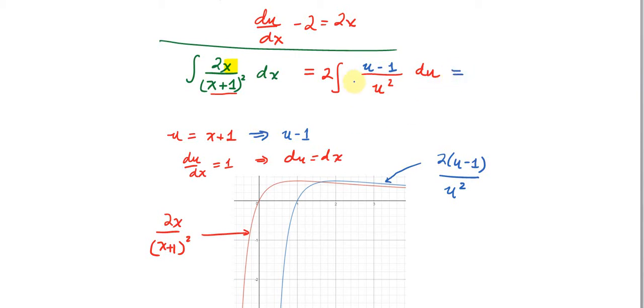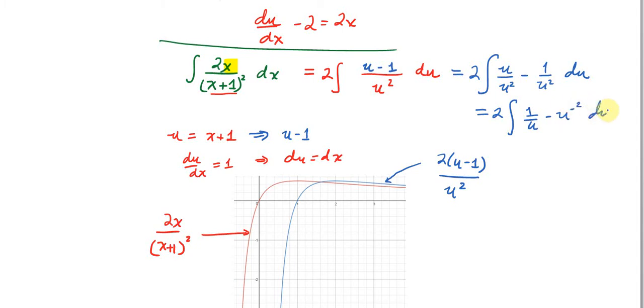So let's continue and finish this out now. We can actually split this up as follows. This is going to be u over u squared minus 1 over u squared du. And then we can extend that a little bit more. This is u times 1 over u minus u to the negative 2 du.